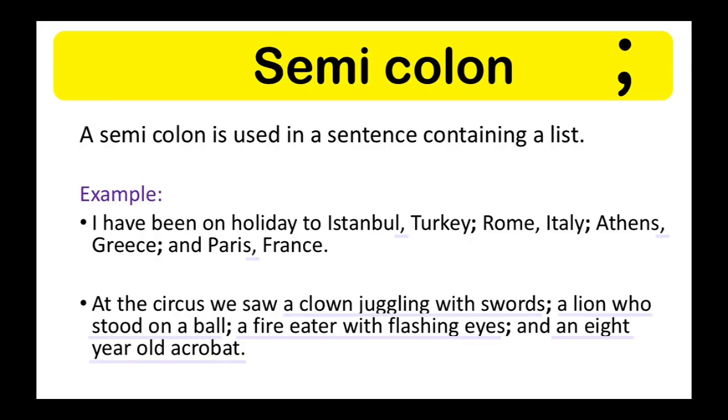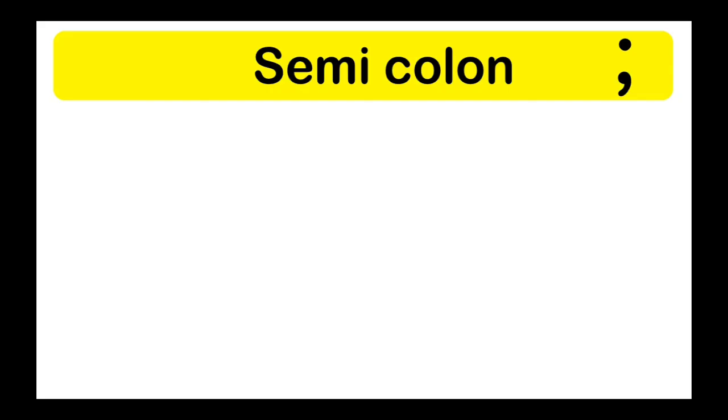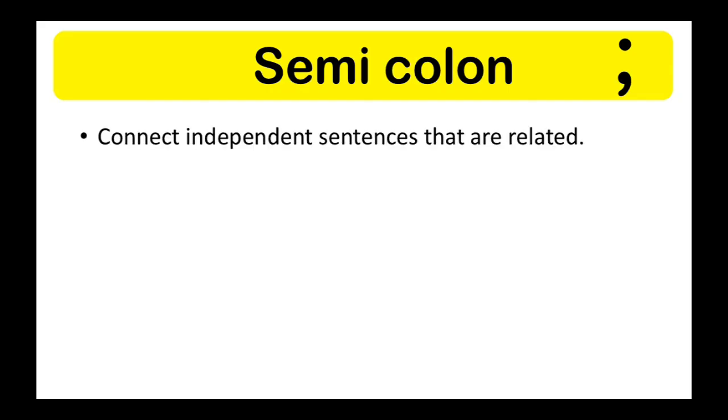Each item has a long explanation. To summarize, a semicolon is used to connect independent sentences that are related, and a semicolon is used to introduce a list in a sentence.